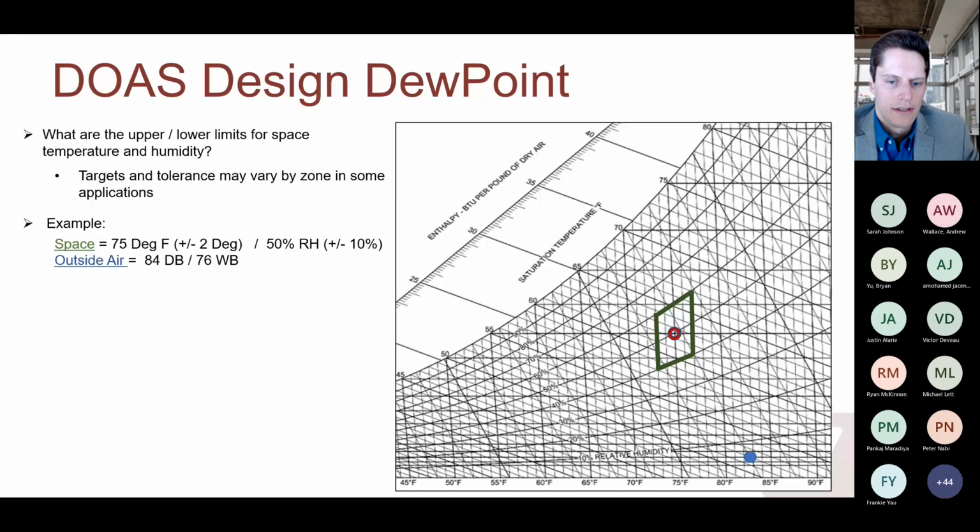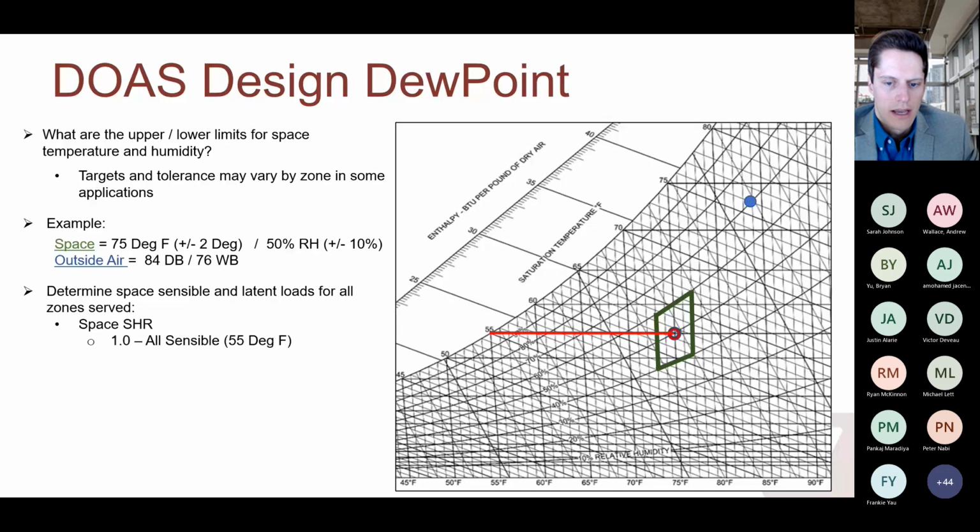And we've just chosen an outside air state point as an example. So what we'll do is look at three spaces. In this space, we've got a sensible heat ratio of 1. So basically that's all just sensible heat being added. There's no latent loads in the space. So in that case, if we cool down to 55, we're going to get right back into that zone.